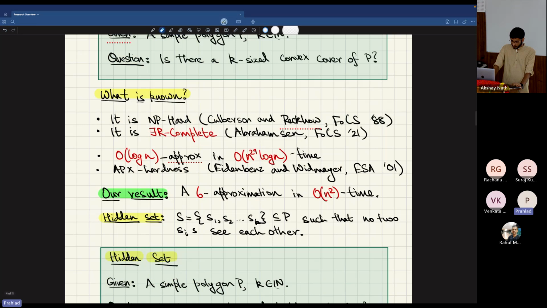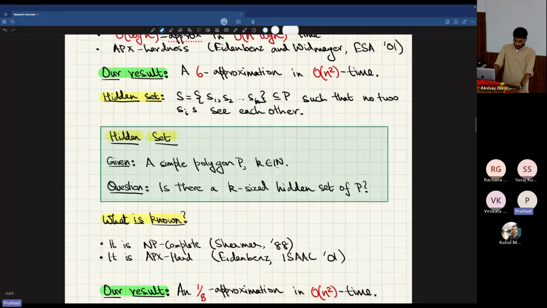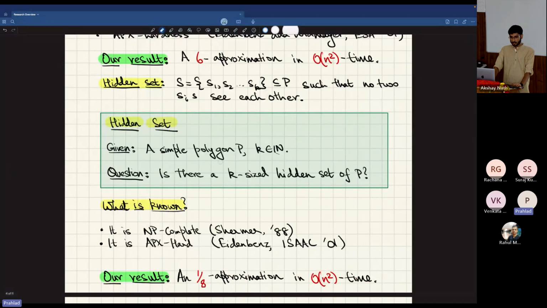And for hidden set, what has been studied was a 1/4 approximation, which runs in, I believe, quadratic time. Or maybe it's linear, I'm not sure. But that one was just for the vertices. Here we allow you to use whatever points you want in the polygon, while in that paper, you want to choose: does there exist k many vertices which don't see each other?